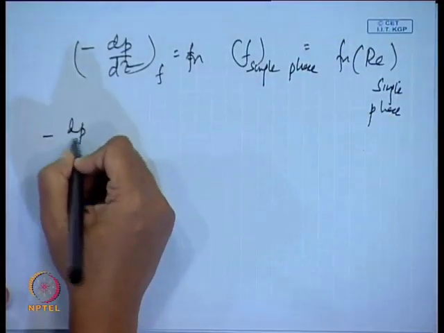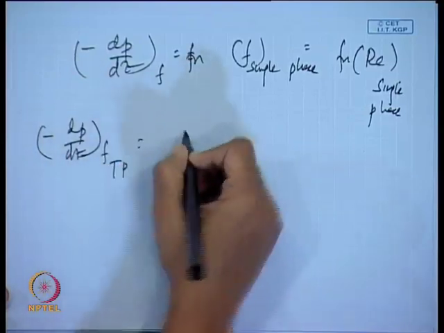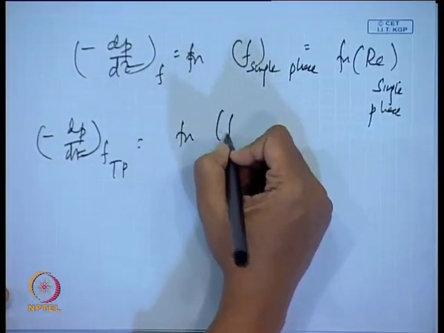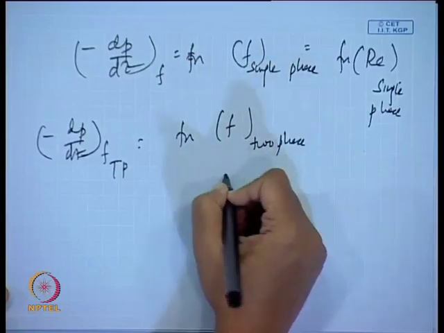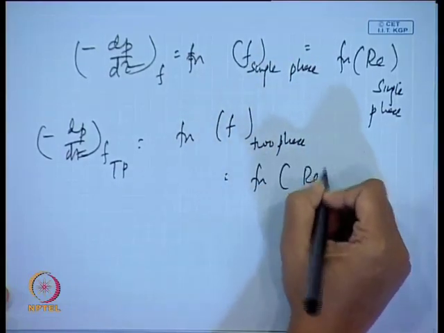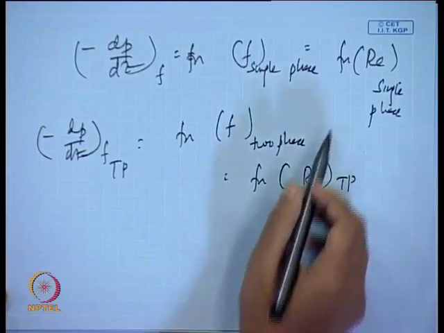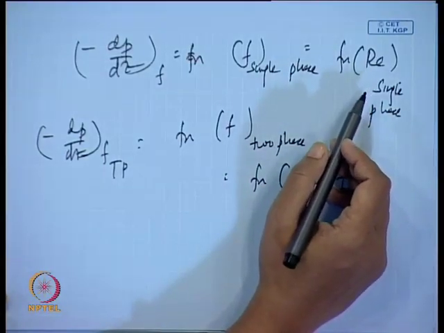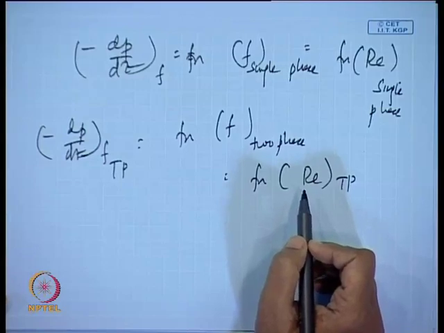Now, for two phase flow, this will be a function of friction factor two phase, which is a function of Reynolds number two phase, agreed. Firstly, I really do not know how to define two phase flow Reynolds number.